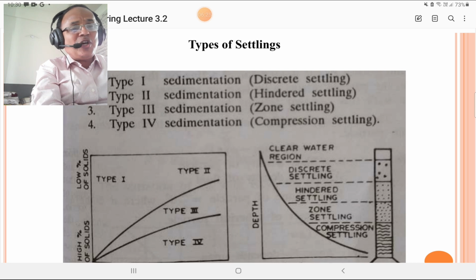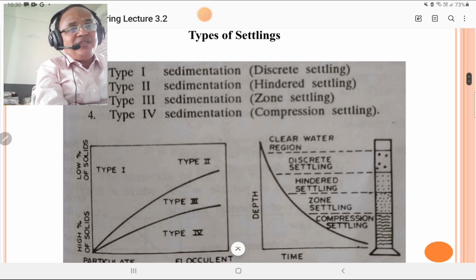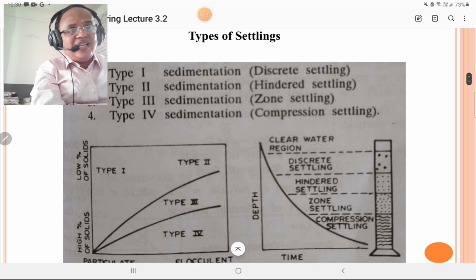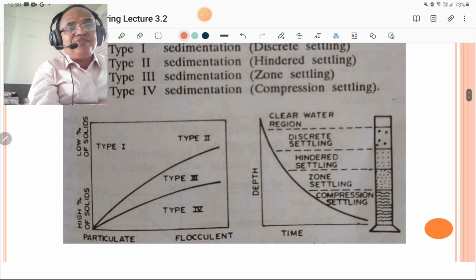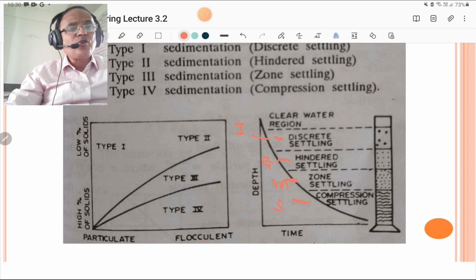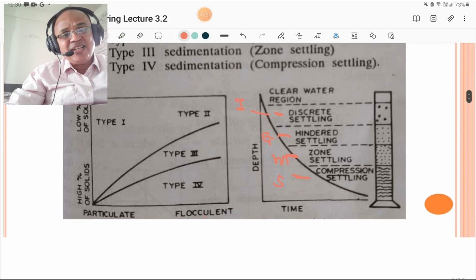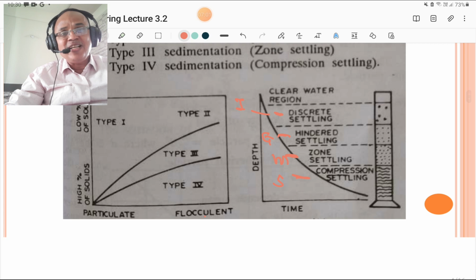At the top you get the clean water region, below that discrete settling, below that hindered, below that zone, and below that compression. It is so simple, but you must know the basics, so please refer to this figure for the various types of settling.